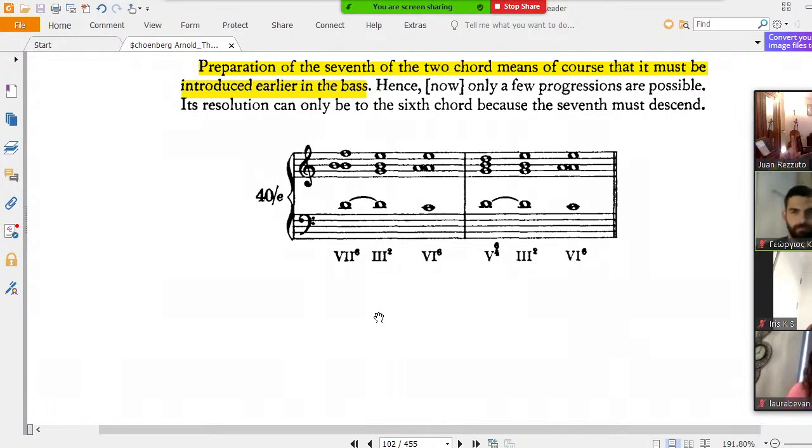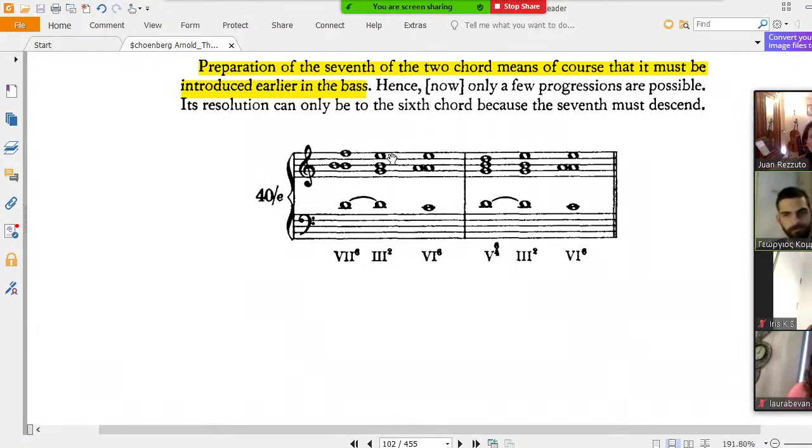Now notice that the seventh resolves properly. The seventh chord, the F, remember the interval that is dissonant, resolves into the root of the next chord.